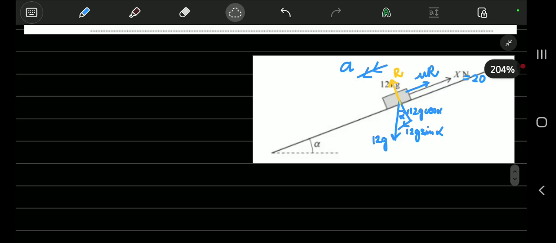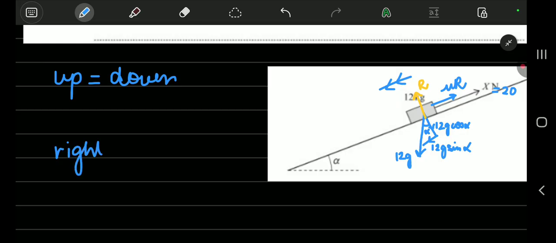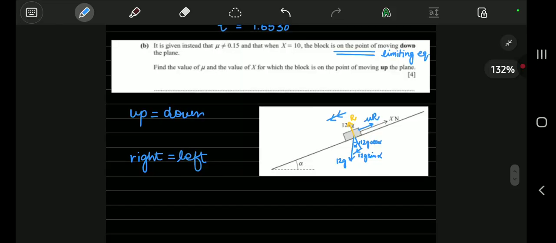Only there will be no acceleration here. So when there is a limiting equilibrium, we apply the rules of equilibrium: up equals down and right equals left. Rightward forces equal left forces. Also x is not equal to 20 now, x is equal to 10.